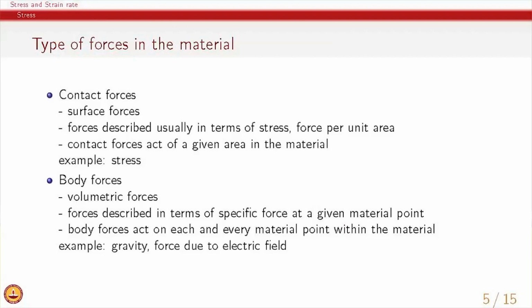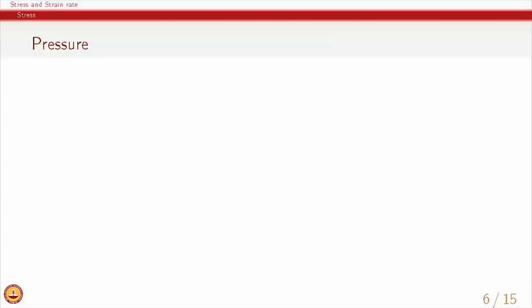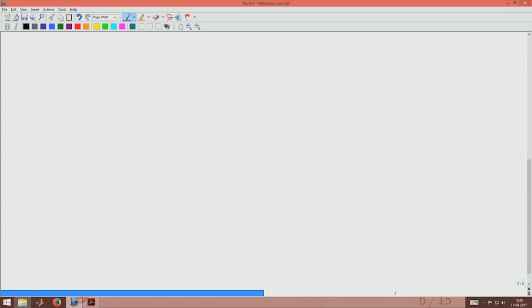Now let us look at one example of a contact force which we know from school times, which is pressure. And in general, what do we mean by pressure?